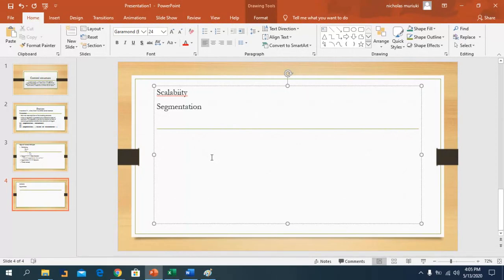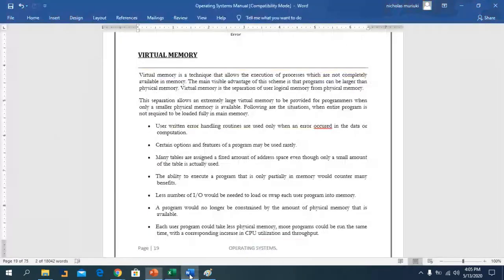But if the memory is not enough for the execution, where can we store them? We store them in a virtual memory. That's why I was saying, when you're trying to install an operating system, automatically it creates a virtual memory, which is 2 times the normal memory. If your memory is 2 GB, automatically it has to multiply that by 2. So that now we can create more space in that allocation.